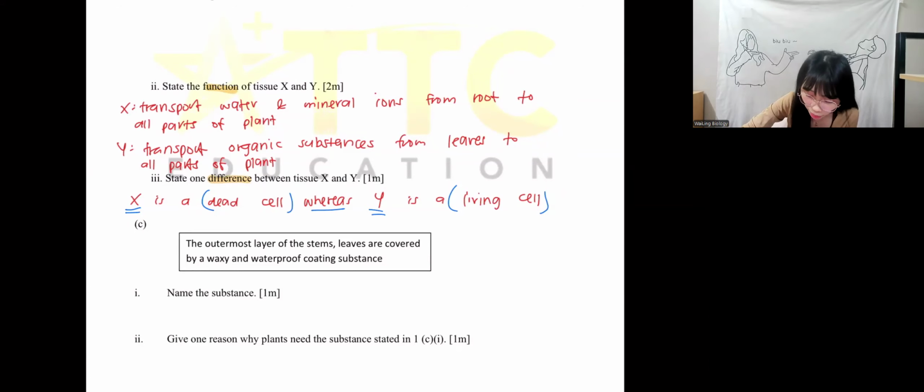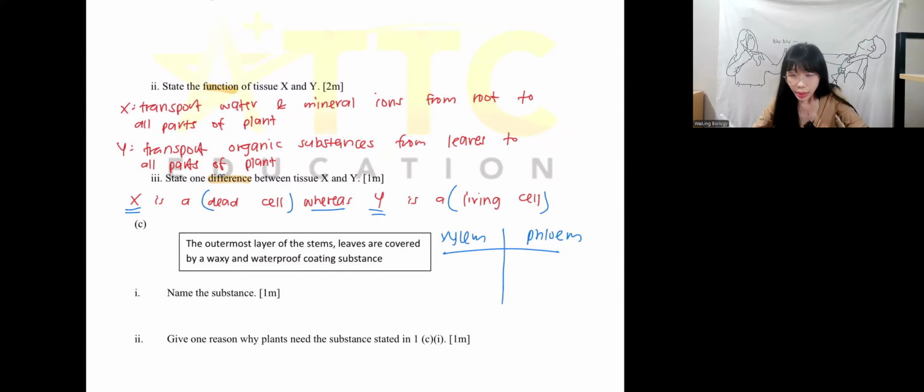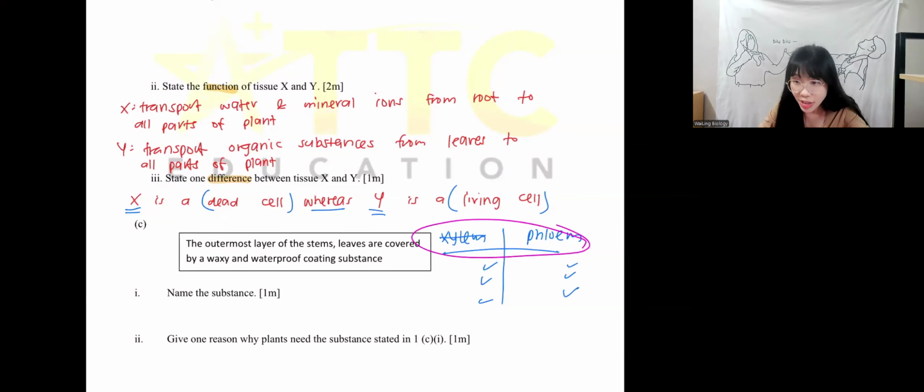Now, in table form, please don't use your own answer as a title. So you don't write this is xylem, this is phloem. Because if you label it wrongly, everything else will be wrong. Even if everything in your answer is correct, because your title is wrong, everything is wrong.